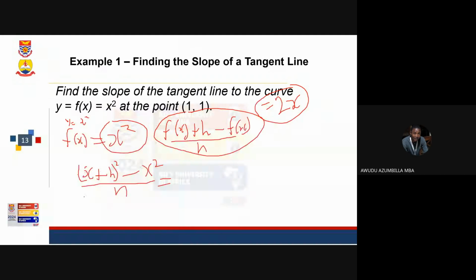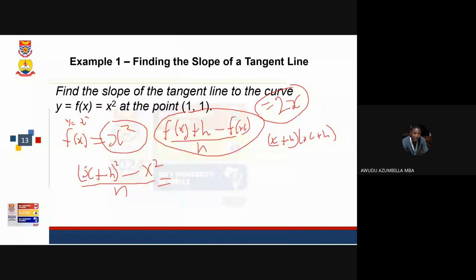Remember, if you have x plus h squared, it is x plus h times x plus h, the same as this. So we can expand this.